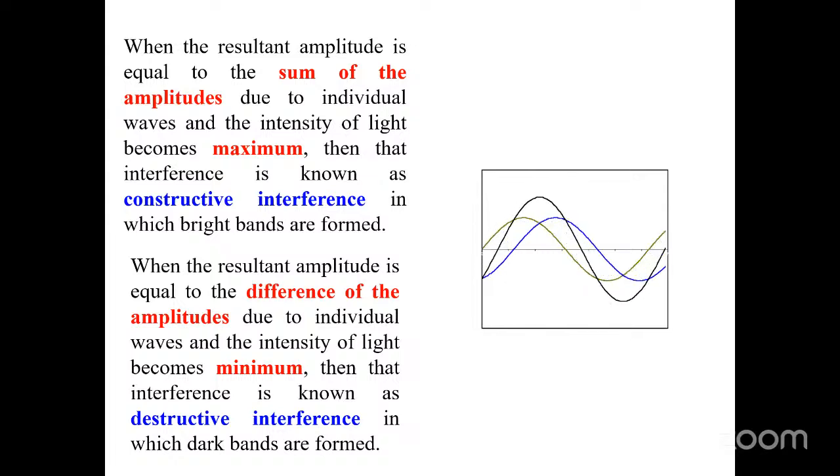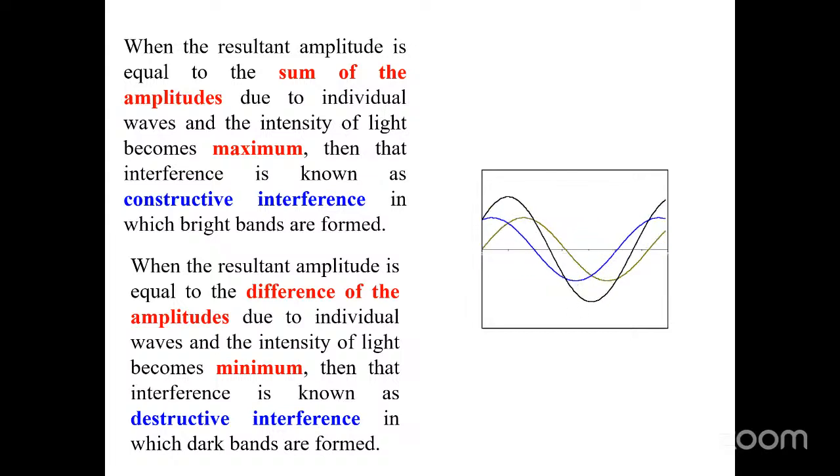Such an intensity of light is observed, and that type of interference is known as constructive interference, in which bright bands are formed.